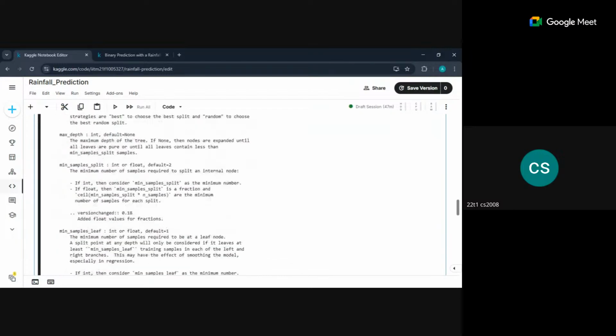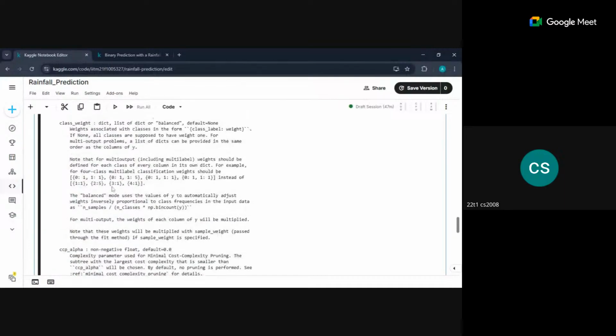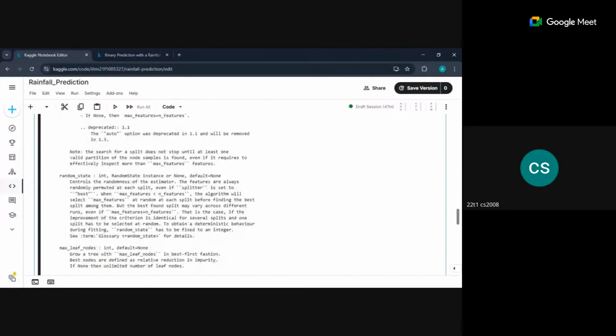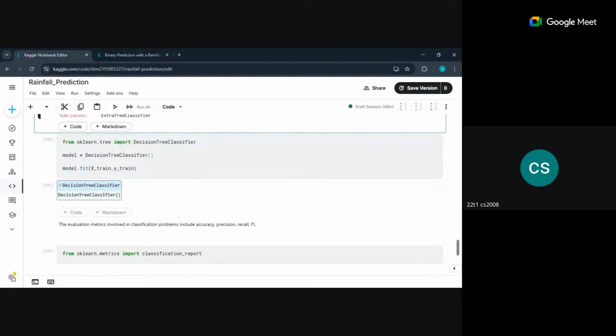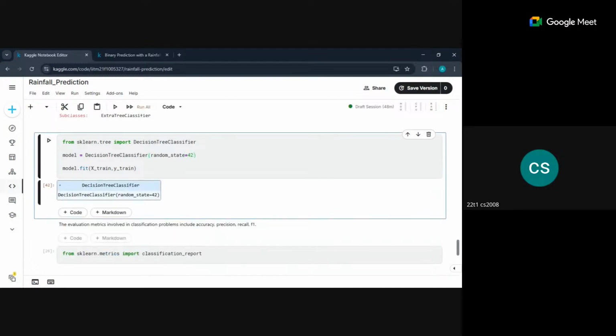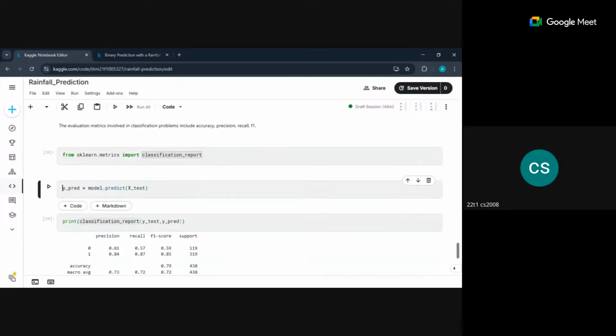So these are the parameters. There's a random state. Let's actually set the random state. This time again with prediction.